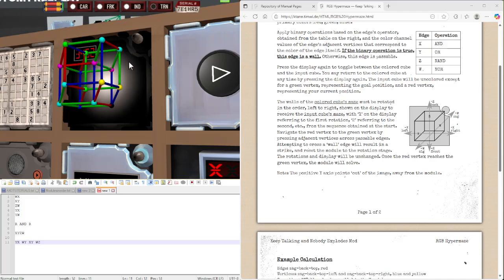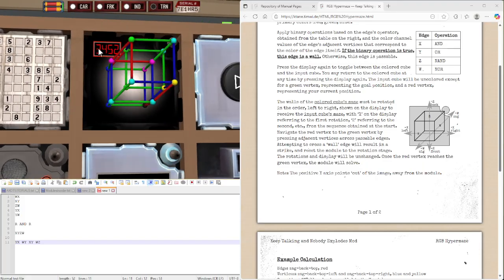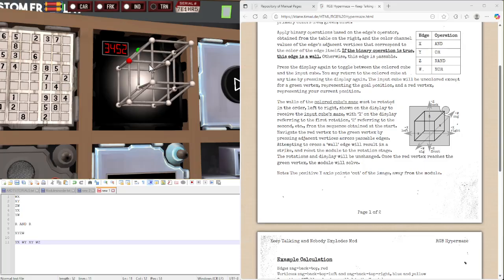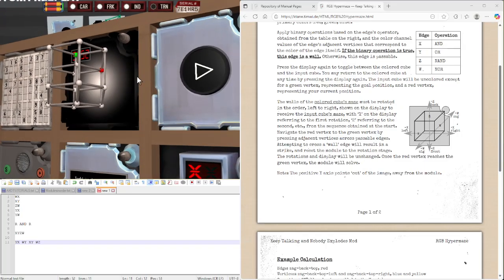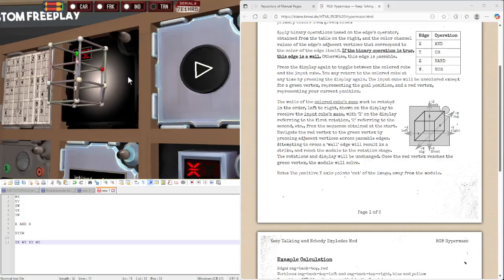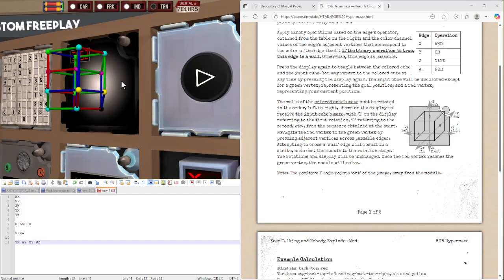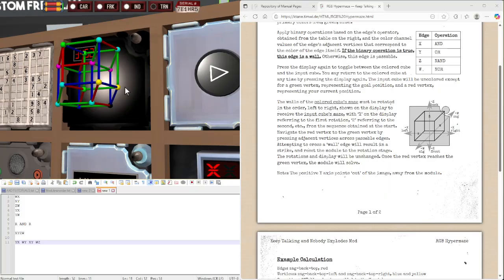Then this one, YX doesn't affect it, WY, let's W to Y like that.